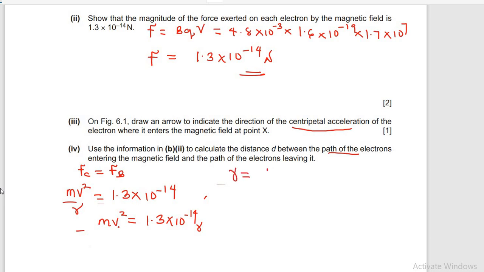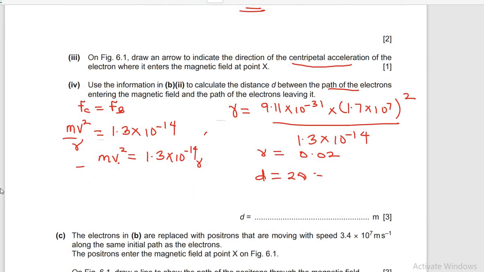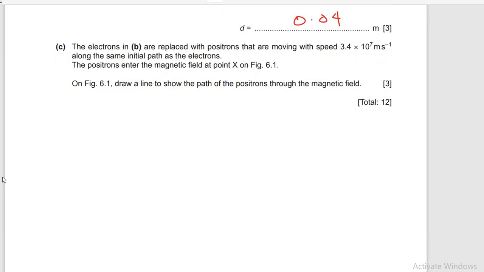So my radius will be mv squared over the force. m is 9.11 times 10 to the power of negative 31. Velocity is 1.7 times 10 to the power 7, all squared, all over 1.3 times 10 to the power of negative 14. In this case, my radius is 0.02, and we are looking for d. d is 2r, which is 2 times 0.02, that's 0.04.